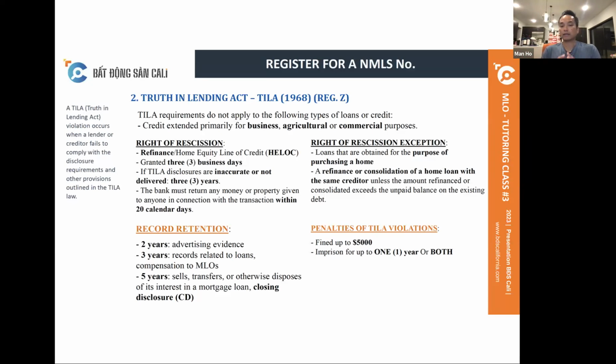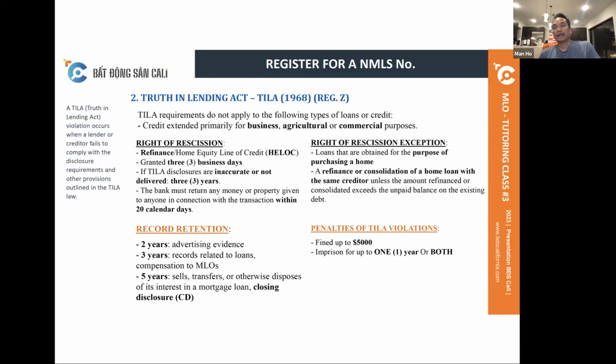Okay, TILA does not apply to those types of loans or credit. Okay, so remember that. So when they ask which type of loan or credit TILA doesn't apply to, you can name it: business, agriculture, and commercial. Okay, those are the three.